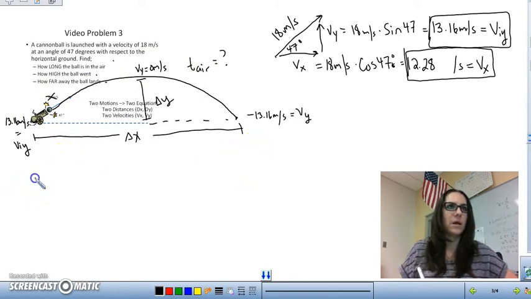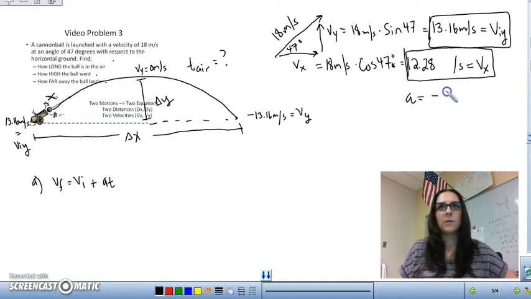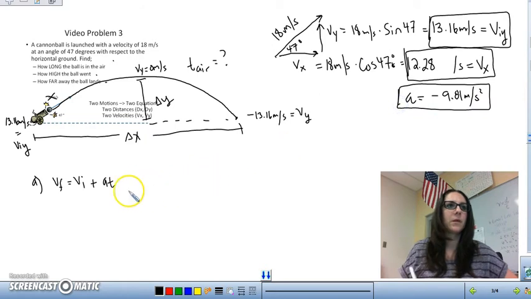So I have enough time to solve for the first part. Let's solve number 1a. What is the time the ball is in the air? Well, notice I have a change in velocity. And, as always, we have a in these problems. I'll box that, why not? Because that's information we have.